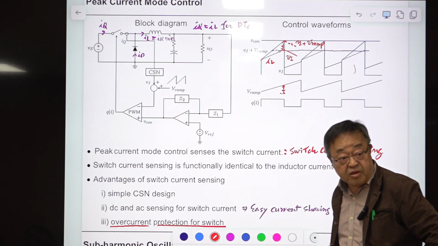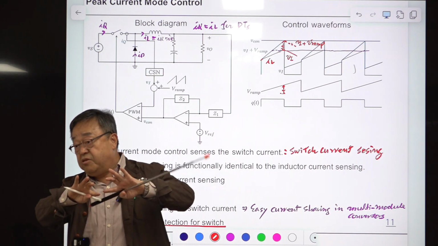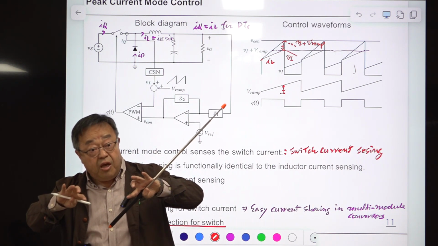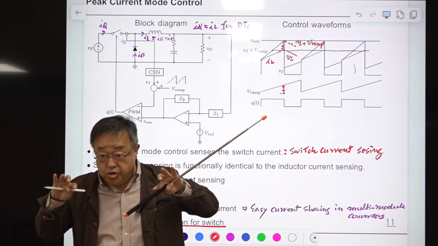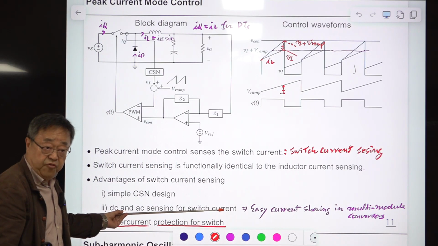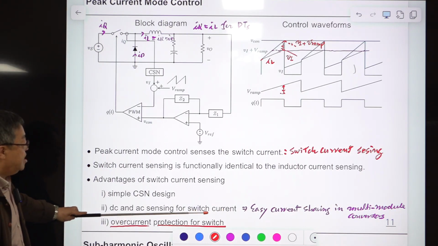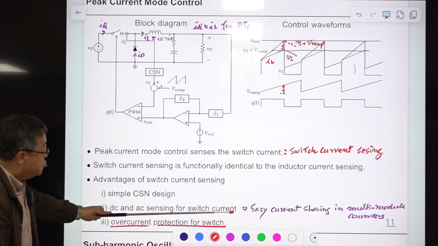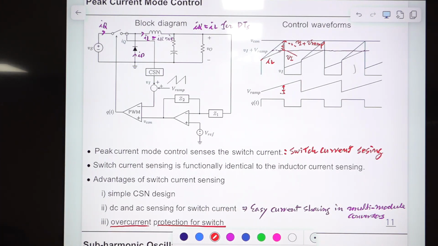This will fail. That is called current sharing. If you have a parallel module system, you should have very good, almost equal current sharing, and that can be implemented with this information. Because we are sensing the DC and AC information of the switching current, equal sharing among the parallel module converters will be guaranteed.